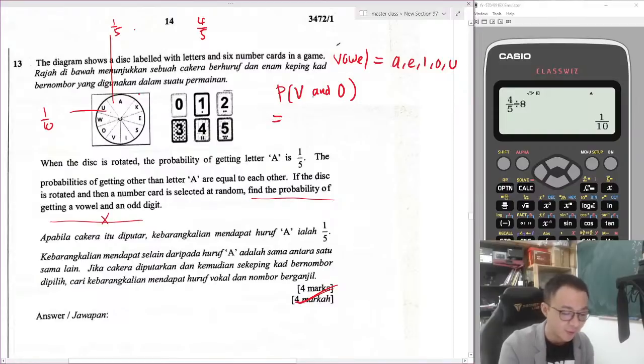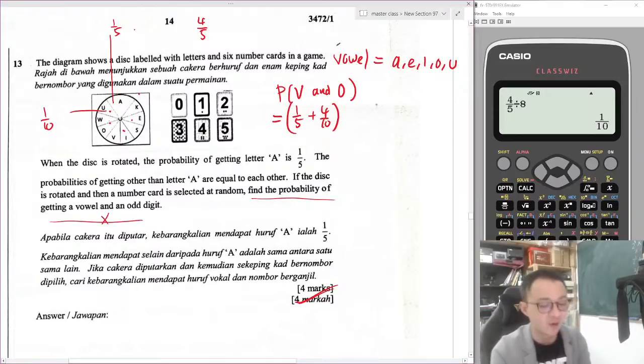So for vowels here, I have A, which is 1 over 5, plus 1, 2, 3, 4, so plus 4 over 10. This is all the vowels I have. Multiply by odd number, which is 1, 3, 5, so it will be 3 over 6.